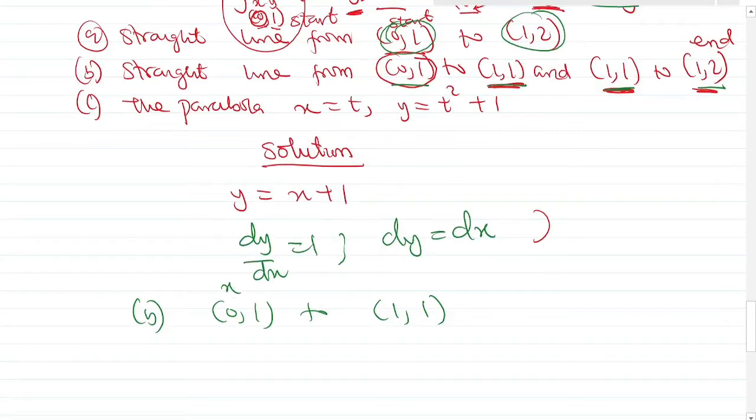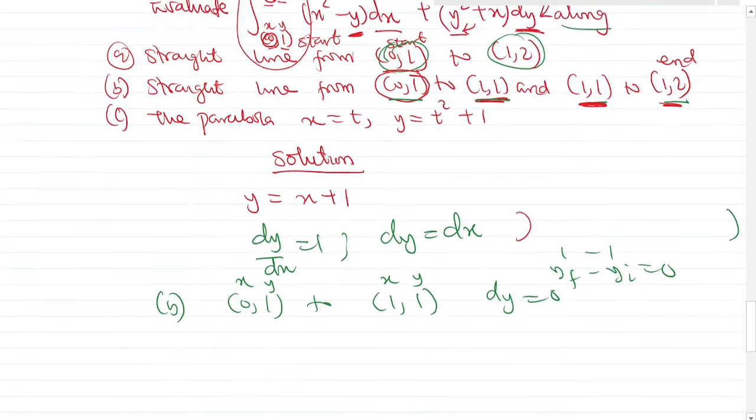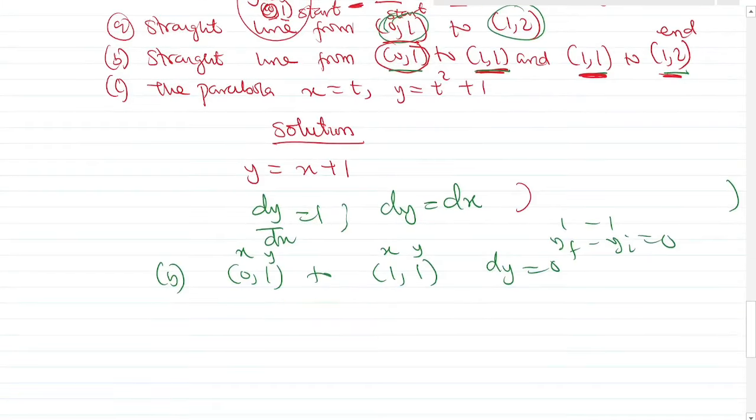So you can see that y does not change here, right? y still remains 1. So change in y will be what? It will be 0, because it doesn't change. The change in y is y final minus y initial, so y final is 1, y initial is 1, so that will be 0. So dy/dx is 0.